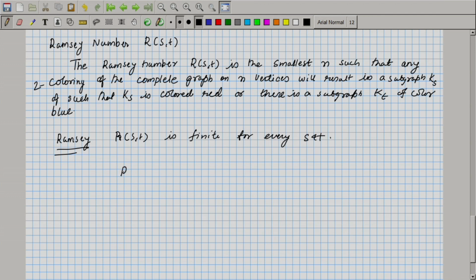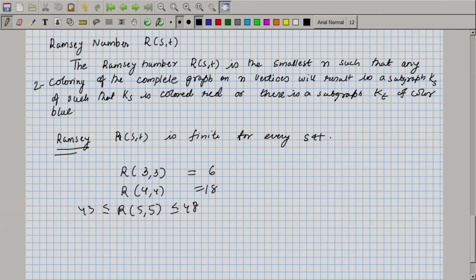We have already seen that R(3,3) is equal to 6, R(4,4) has been shown to be equal to 18, and the exact value of R(5,5) is not yet known. It is known to be between 43 and 48.